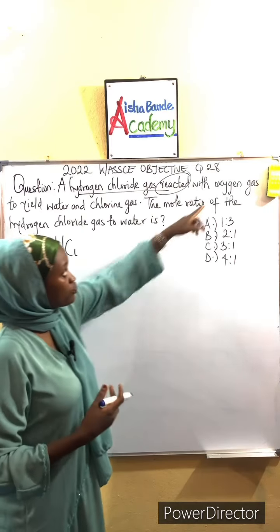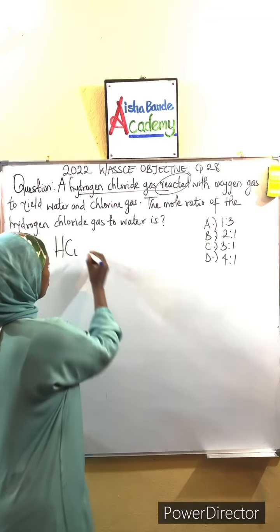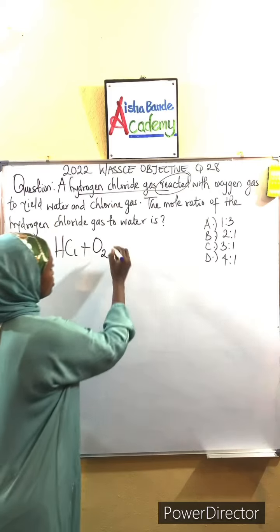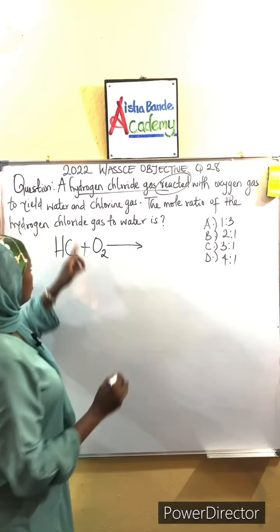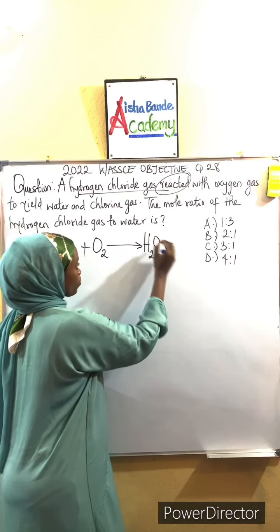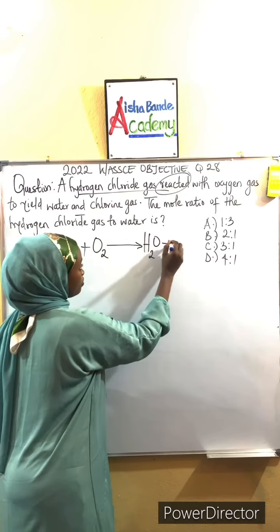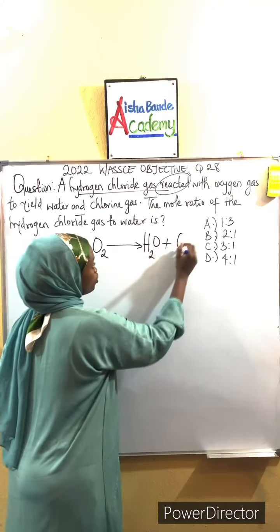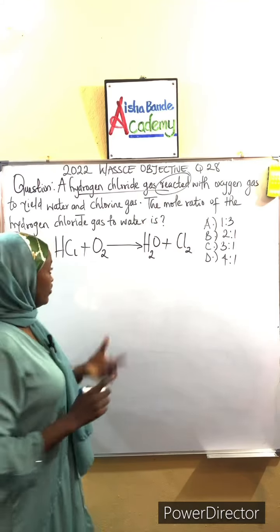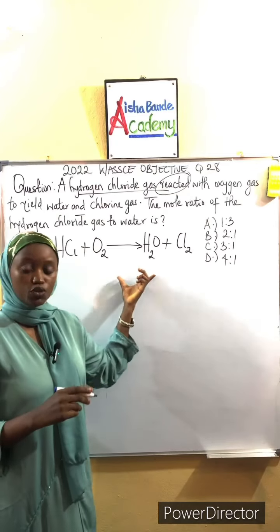They say it's reacted with oxygen gas, so plus oxygen gas, which is O2, to yield, that's the product now. Water is given as H2O, and that's plus chlorine gas. Chlorine gas is Cl2. So that's the first step: write out the chemical equation, which we have done.